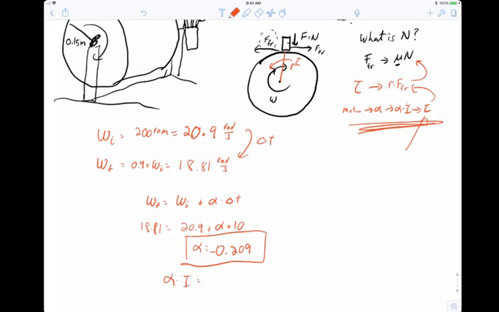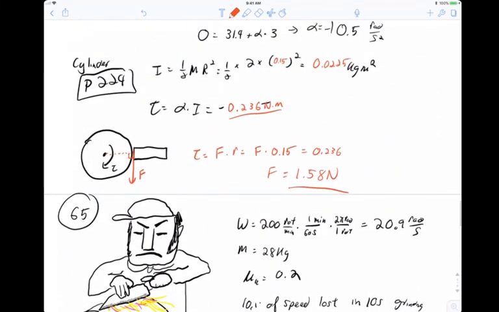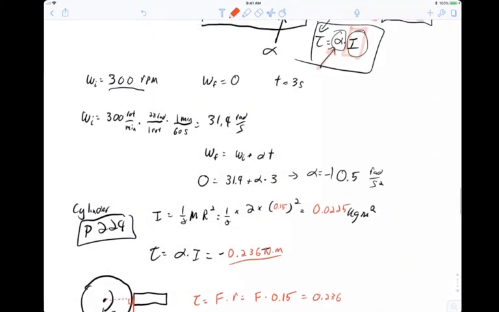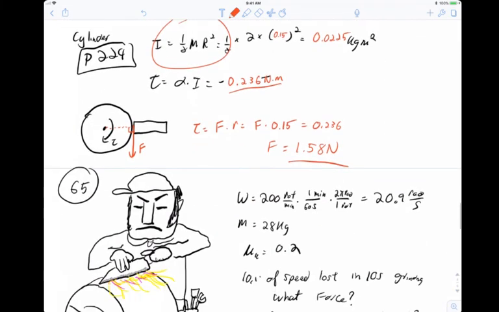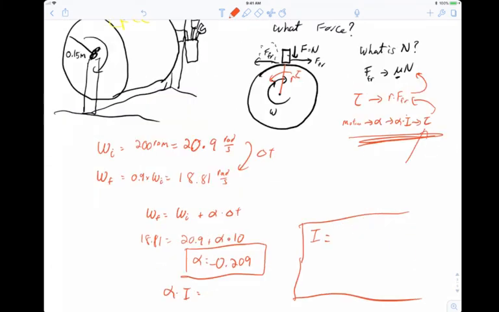Great. They don't tell me what I is, so I have to stop and calculate the moment of inertia. Hey, it's a spinning disk. That means it follows the same formula as this one did. 1/2 mr squared, because it's a spinning disk.